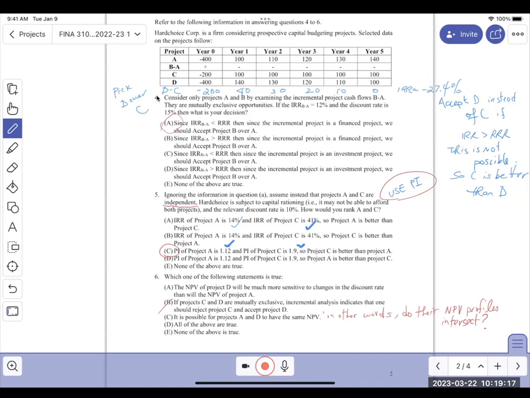Well, let's look at A and D. They have the same initial investment, so that's fixed. But then these are the reverse cash flows, and that's exactly where we see crisscrossing NPV profiles, because A prefers a lower discount rate, D prefers a higher, or relatively doesn't care, and a higher discount rate is fine for D. So they will intersect.